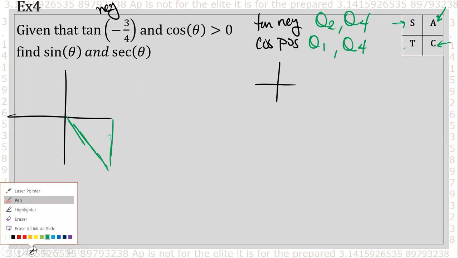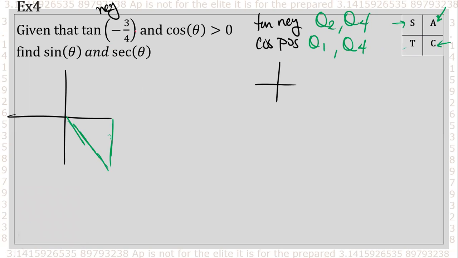Okay, so let's finish this one off. They gave me tangent is negative 3/4, so tangent is TOA, opposite over adjacent. Oops, I assumed it's on 3, but I'm not sure yet. So opposite is 3, adjacent is 4, and only one of these can keep the negative. Hopefully you're seeing that this 3 is below, so this was my opposite side and this was my adjacent side.